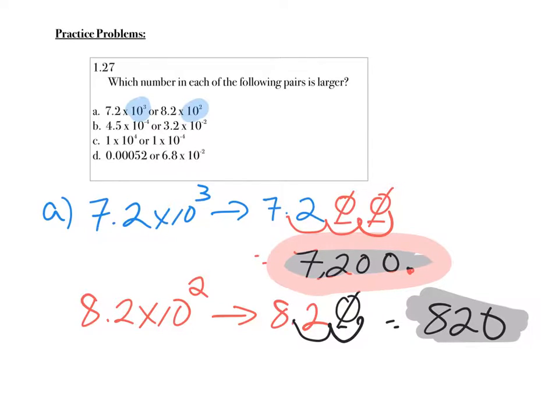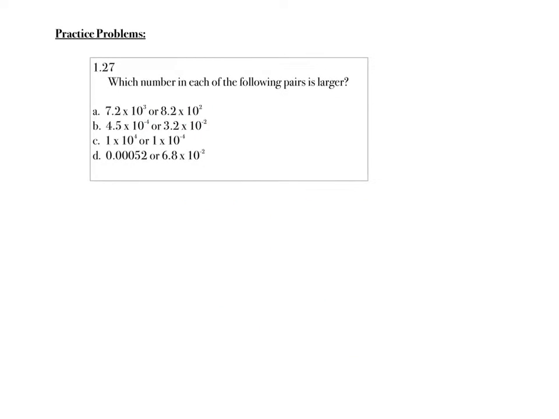Now, if we're doing problem B, we have 4.5 times 10 to the negative fourth versus 3.2 times 10 to the negative second. Okay, so again, the real first thing you should do is look at the exponents.